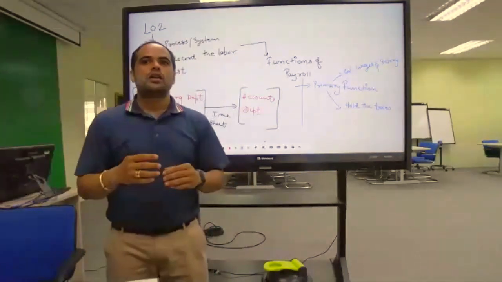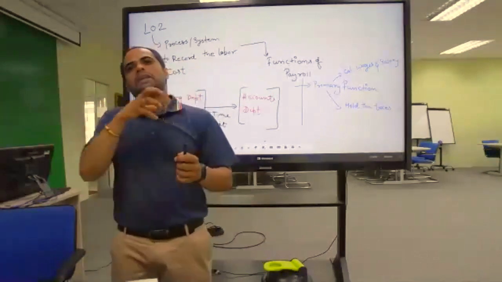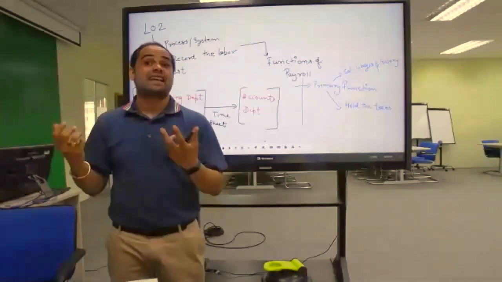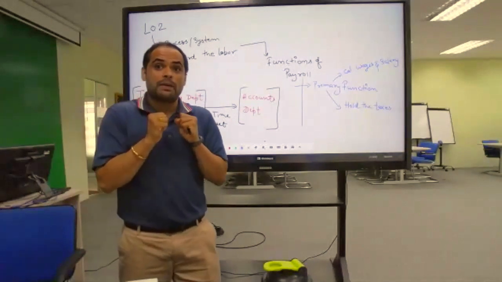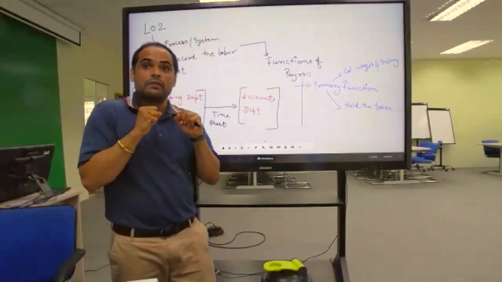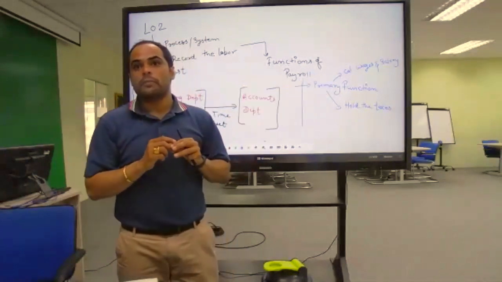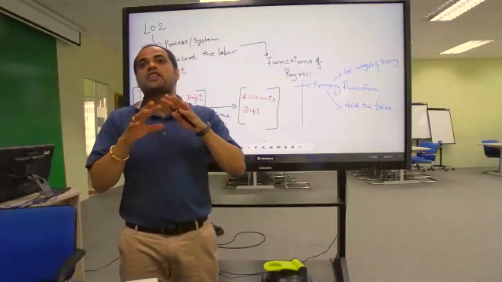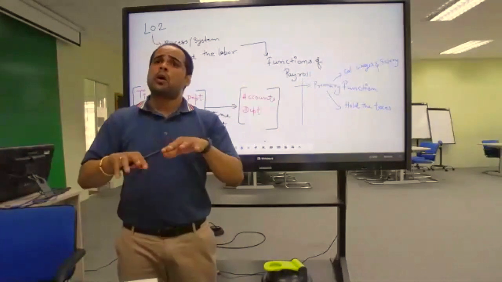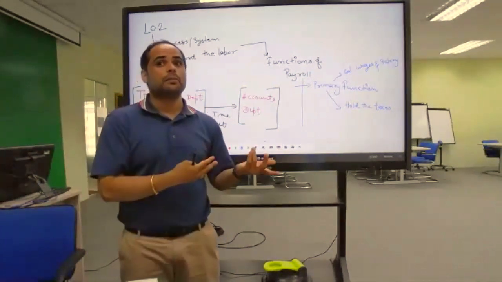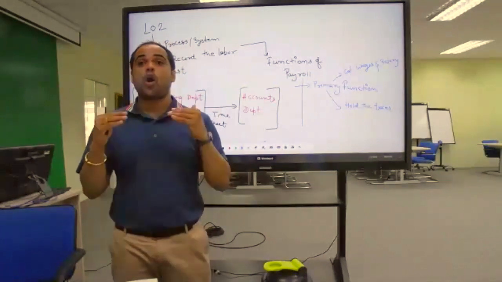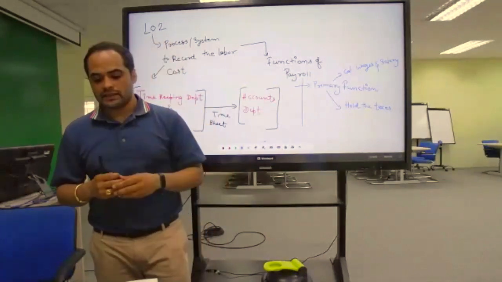What we're doing is the company takes some money out of our salary as tax. The company holds it, and at the end of the period, the company gives that money to the government. That's also a function of the payroll department, paying tax to the government.